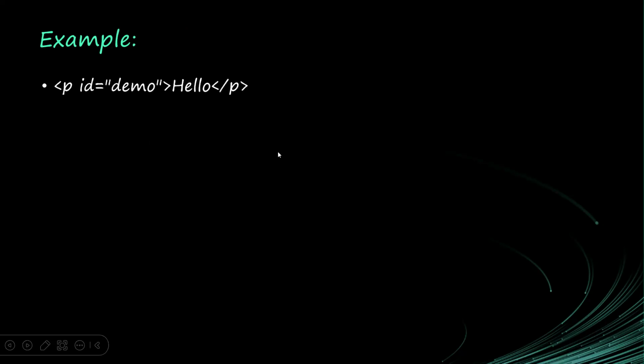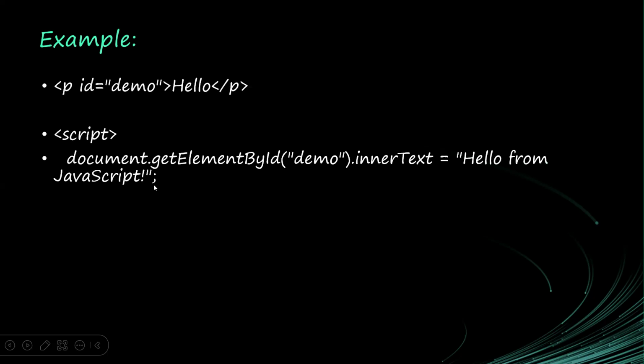When you have a paragraph with ID of demo saying hello, you can modify it using document.getElementById, the ID is demo, .innerText. We are using this to change the inner text. But we are not talking of DOM manipulation yet, so I won't go into details of what this means.